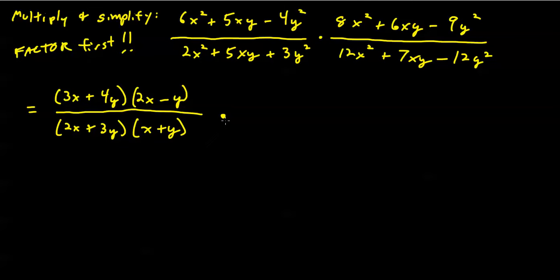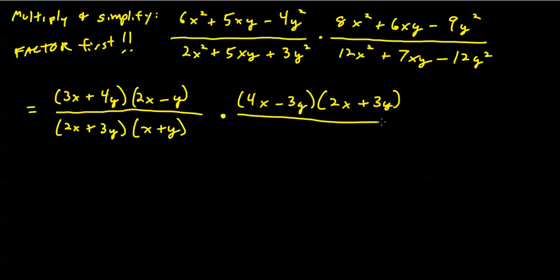Alright, now I'll move on to factor the second rational expression, both numerator and denominator, of course. 4x minus 3y times 2x plus 3y divided by, downstairs in the second rational expression, 3x plus 4y times 4x minus 3y.